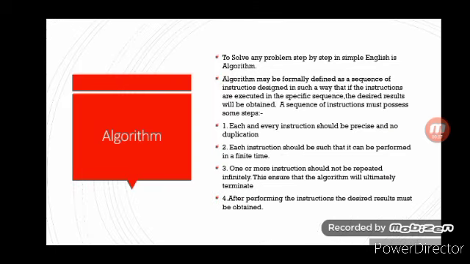In the very first, the algorithm. What do you mean by algorithm? It is a very simple thing. To solve any problem step by step in simple English is called an algorithm. When we do any program, we have to write code, because code is in English language, or a mixture of numerical numbers, plus minus symbols, etc. Our computer does not understand the English language.